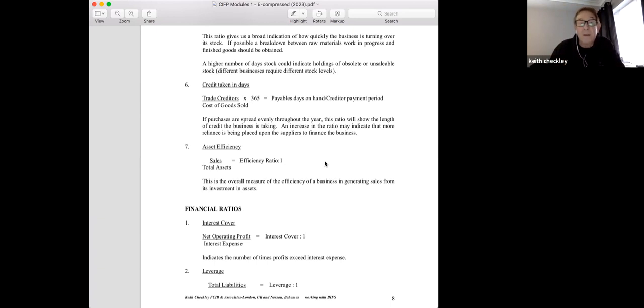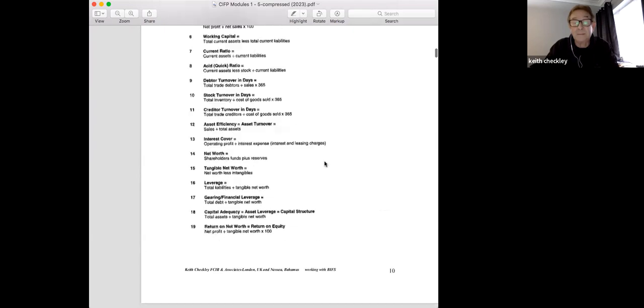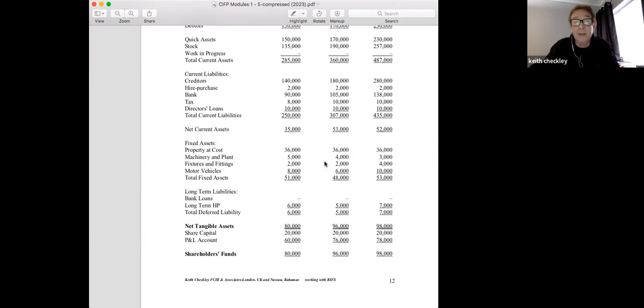So here we go. Creditors divided by cost of goods sold. So let's go back into the balance sheet. And we're looking at the trade creditors. Well, there we are. Look, there's the creditors at 140,000. So you're going to put that in as the numerator, and we're going to divide that 140.